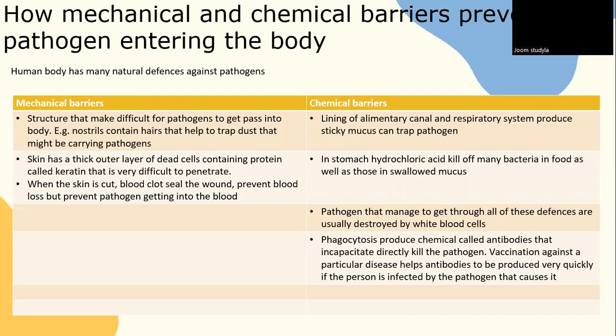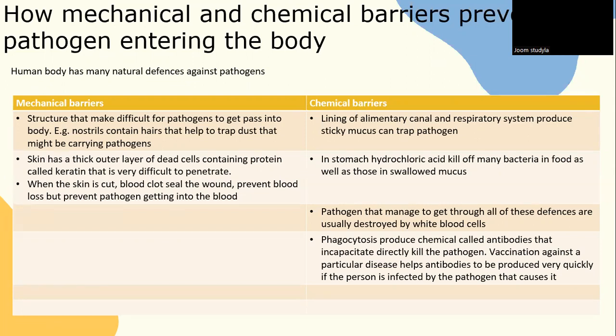Now let's look into chemical barriers. The lining of the alimentary canal and respiratory system produces sticky mucus that can trap pathogens. On top of that, in our stomach there is hydrochloric acid that can kill many bacteria in food as well as those in swallowed mucus.